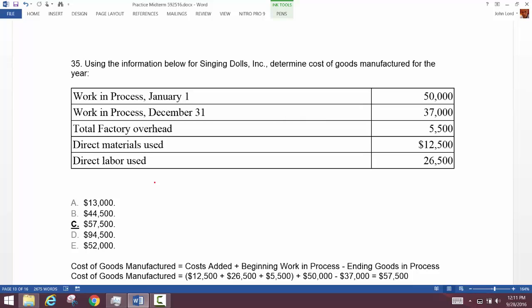So what are we looking for here? Over here we're looking for cost of goods manufactured? Yeah. So what account do you want to analyze for that? Total factory overhead. For the cost of goods manufactured? Yeah. Okay, try again. What is the cost of goods manufactured?